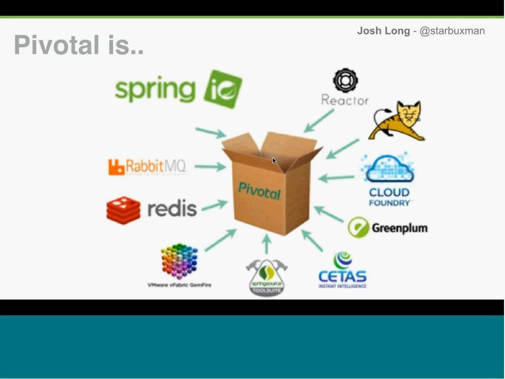I work at Pivotal, and we are a small little startup in the Valley. We started in April of 2013. I work on the Spring team. This is the same Spring team that you will have known and loved for the better part of the last 15 years.